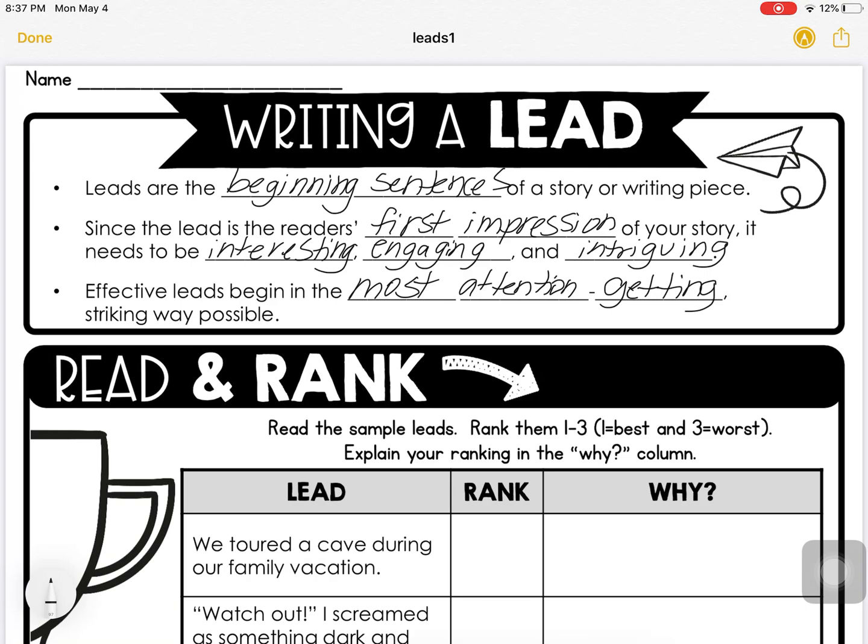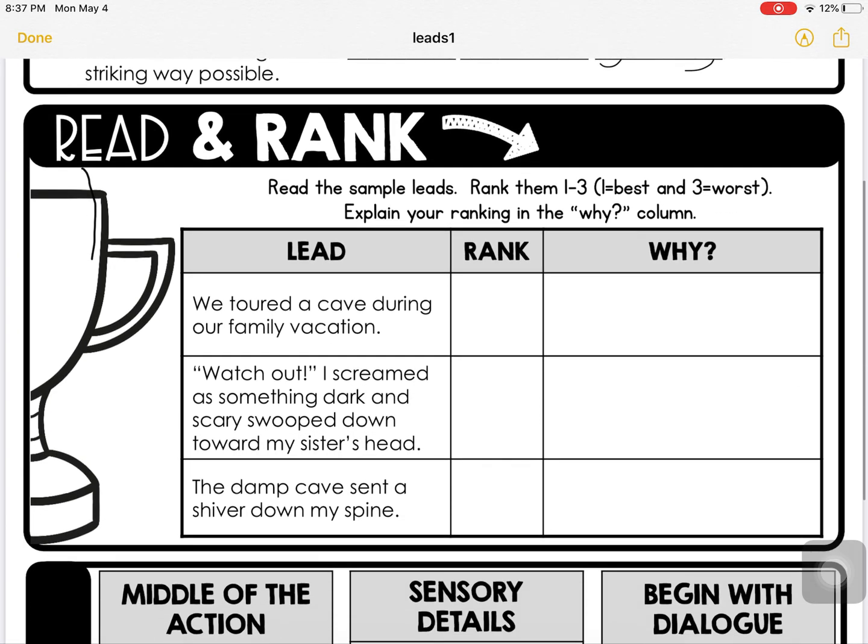Okay, so now we're going to read and rank three different leads. We'll rank them 1 to 3. 1 is the best, 3 would be the worst. Then we're going to write down a few reasons why we're ranking them that way. So let's see here. We toured a cave during our family vacation.